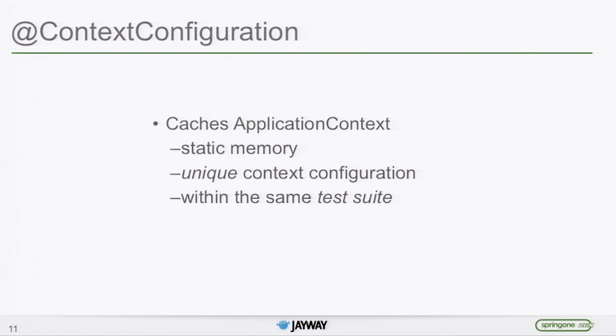So why is this important? It's important because since it's put in static memory, it only works if the tests are executed by the same JVM. So if you're using, for example, the Maven Surefire plugin and use the fork count or the fork mode setting, that will cause a second JVM to spin up. And of course, it does not have access to the same static context, so that will cause a second application context to be created.